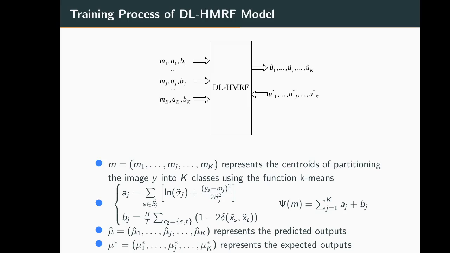The input of our model M represents the centroids of partitioning the image y into k classes using the k-means function. AG and BG represent the two parts of psi when we use centroid MG. Mu hat and mu star represent respectively the predicted outputs and the expected outputs.